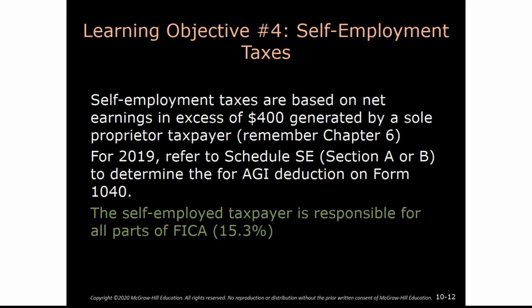Now you will get a tax deduction for half of that. The employer portion you'll be able to deduct because you're self-employed, and you wear two hats as the employee and the employer. But you are required to pay both parts.